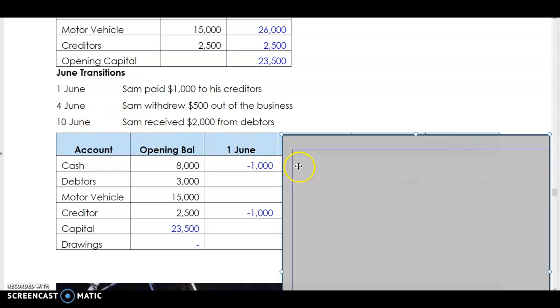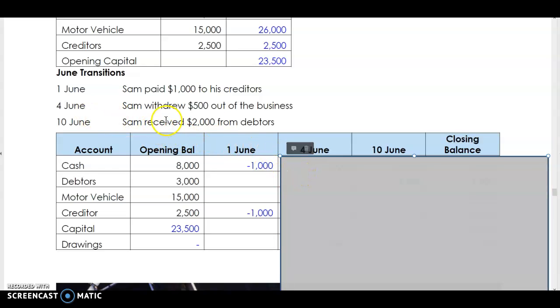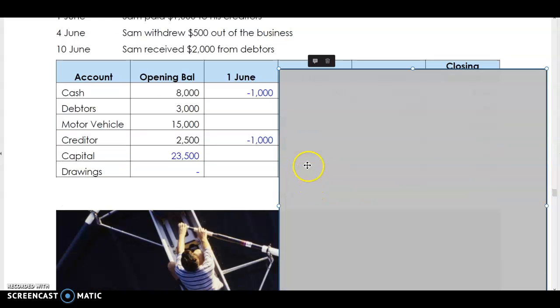Now, on the 4th of June, Sam withdrew $500 out of the business. So when Sam withdraws $500 out of the business, $500 is going to come out of his cash account, and $500 is going to be put against his drawings account. Let me just move this aside.